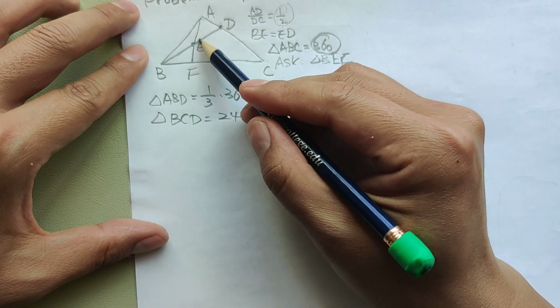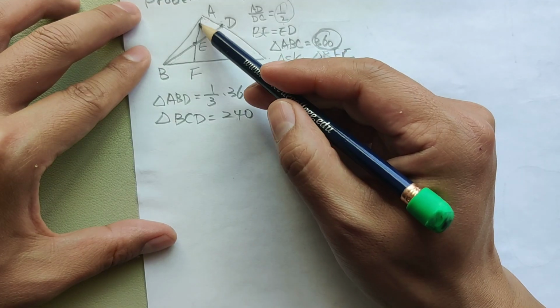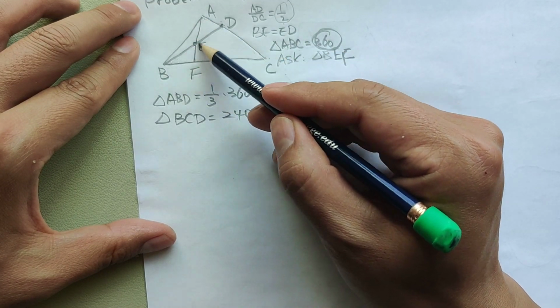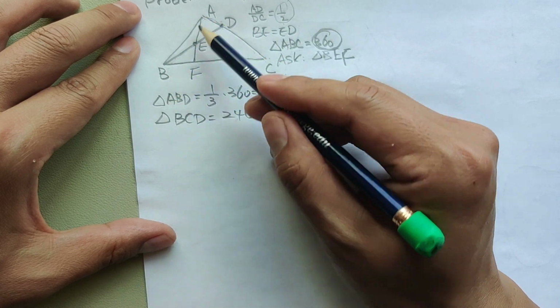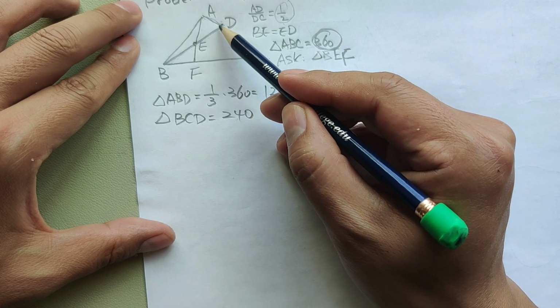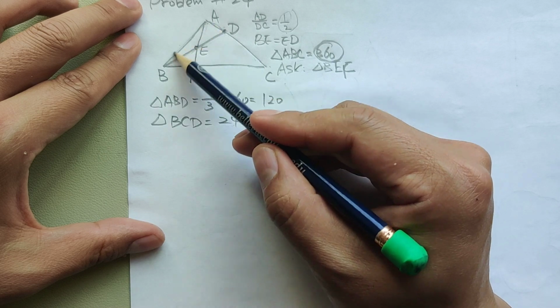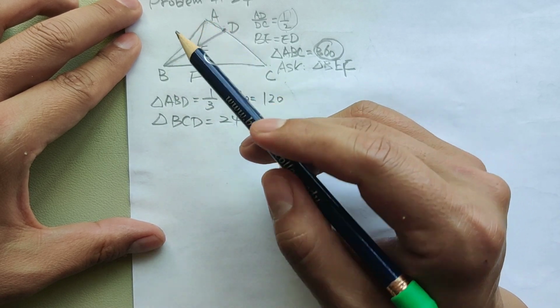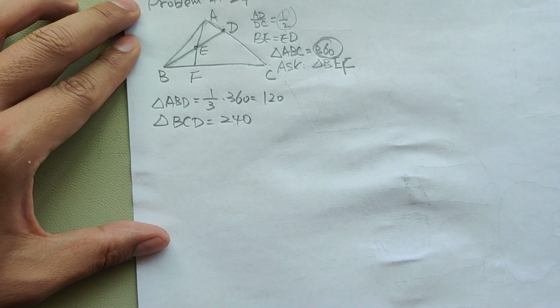So BE equals ED. That means if you look at ABD, this small triangle here, BE equals ED. Isn't that ABE and AED each take half of the ABD, right?